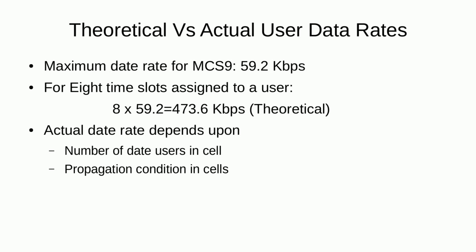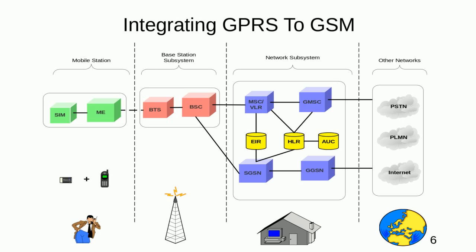If it gets fewer time slots, the data rate would be less. And propagation conditions would also mean that we would not use MCS 9, but we may use MCS 5 or MCS 4 in bad channel conditions, and in the worst we will use MCS 1. And obviously the propagation conditions depend upon distance from the BTS.